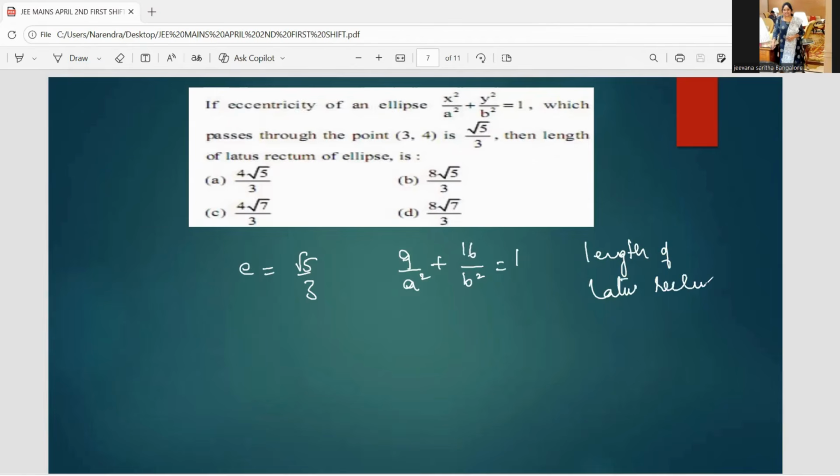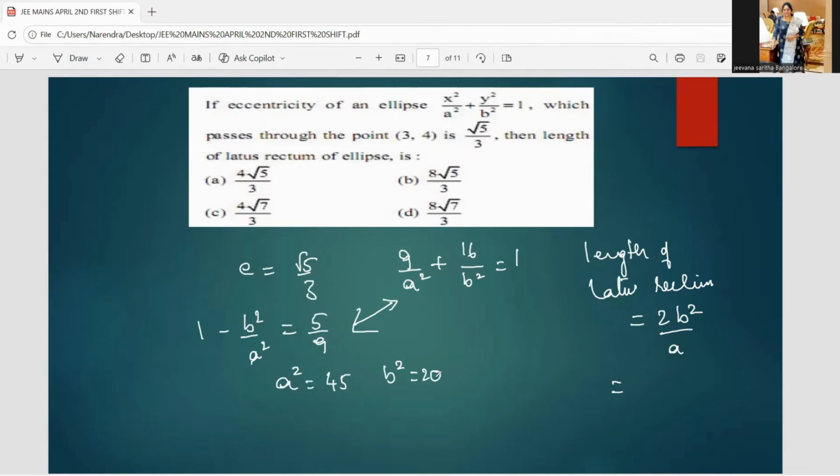we already knew the formula for it is 2b square by a. So in order to evaluate this, we need a and b. One condition on a and b is eccentricity. Other condition is a point lying on it. So these are the two equations with two variables. Solve them simultaneously. Then you get a square as 45, b square is 20.